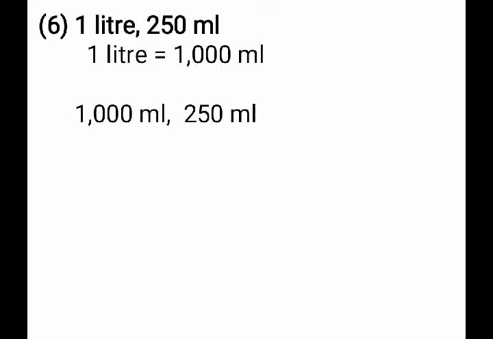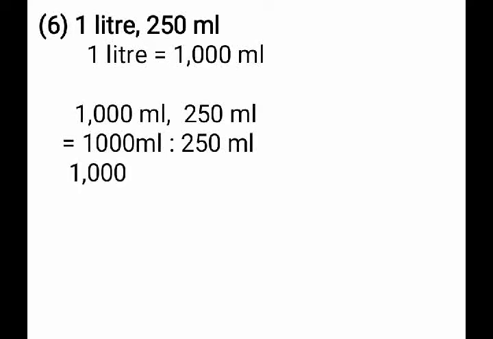The ratio of the first quantity to the second quantity is 1000 milliliter is to 250 milliliter. The fraction form of first quantity to the second quantity is 1000 upon 250. Cancel the 0. So what will remain? 100 upon 25. Number 100 and number 25 is going same table 25.